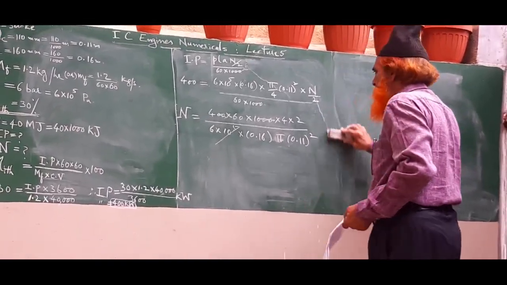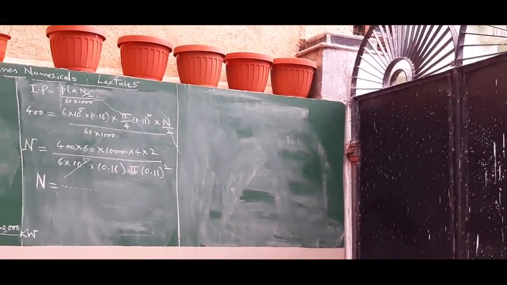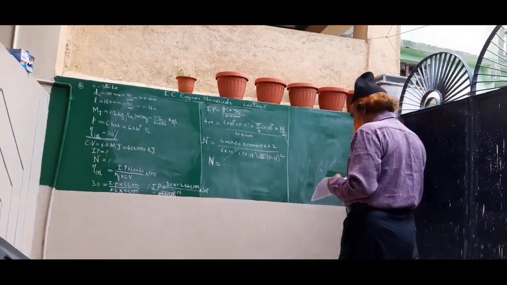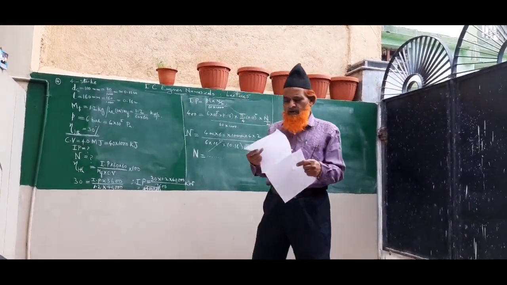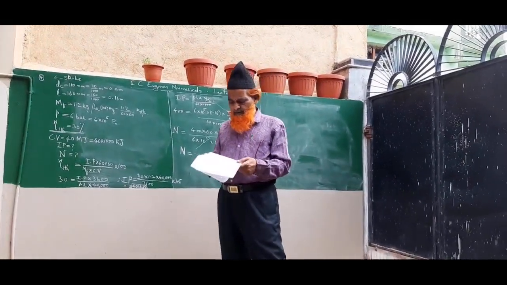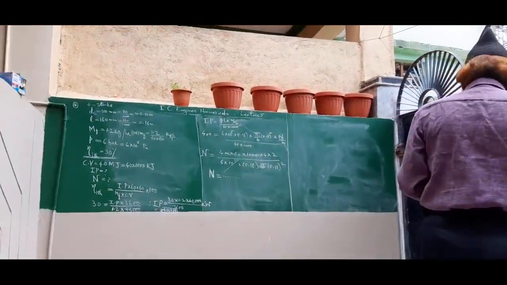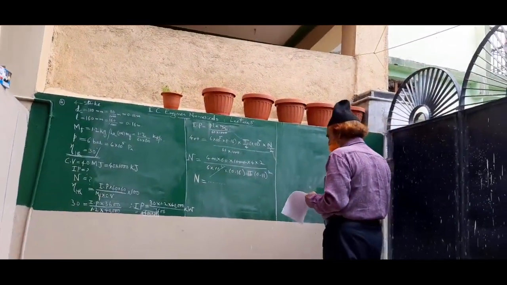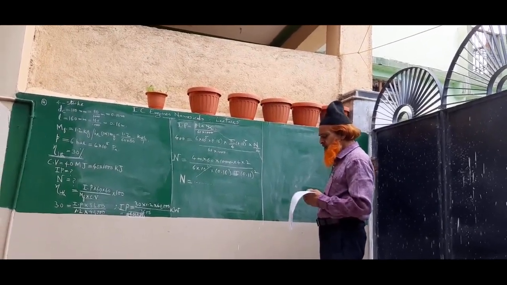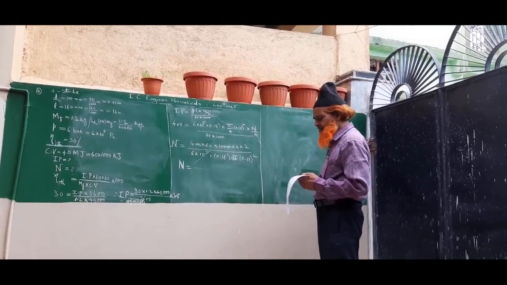Time is there. Engine: a two-cylinder 4-stroke engine runs at 1100 RPM and has a bore of 110 mm and stroke 150 mm.